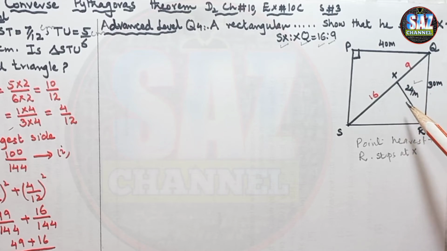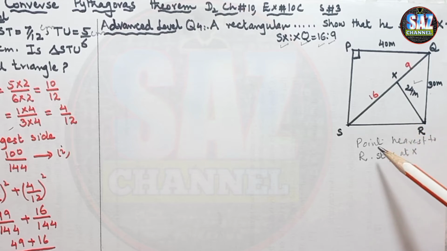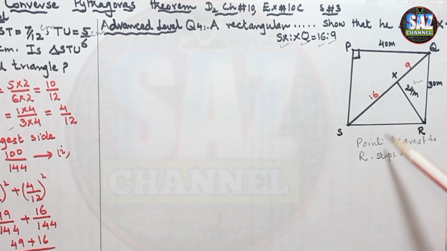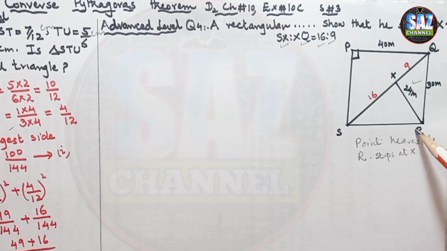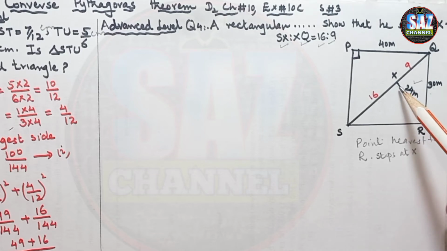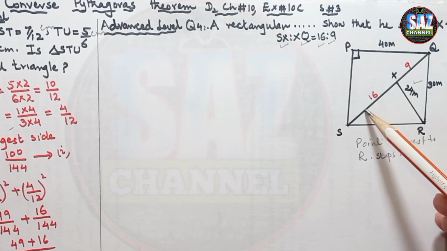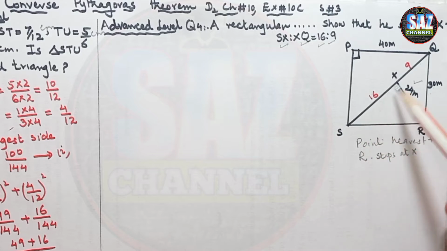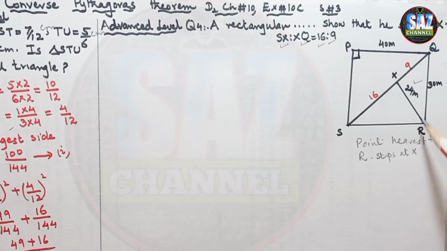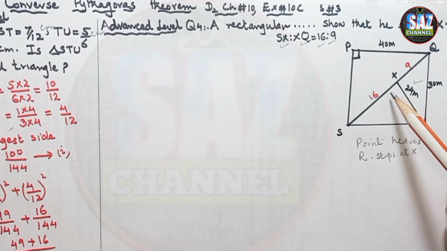I hope now you are clear that in order to show that Janvi is stopping at X and is closest to R, we have to show that X is the position on line SQ making a 90-degree angle, so that triangles RXS and RXQ are right angle triangles.